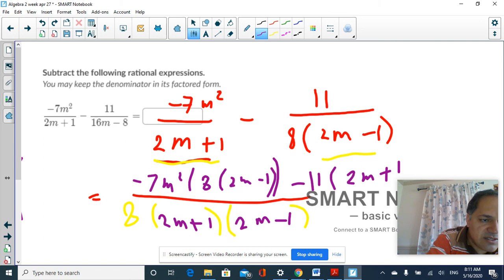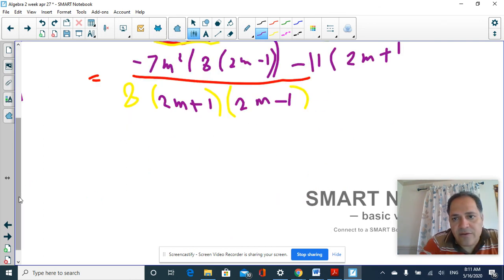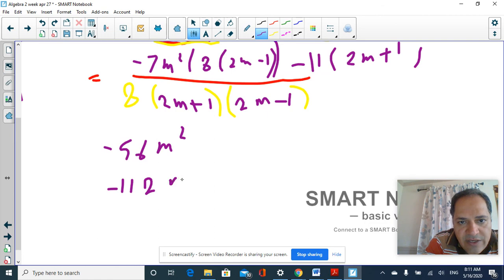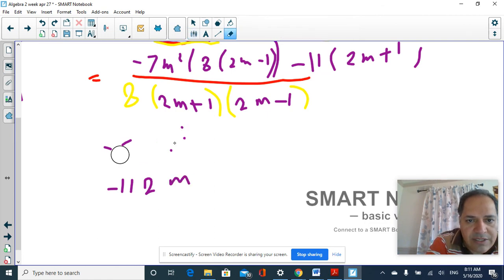What I'm going to do in the next step is simplify. 7 times 8, 56, m squared, multiplied by 2m. So negative 56 times 2 is, yes, 112. Good job. So we have 112 m to the power 3.